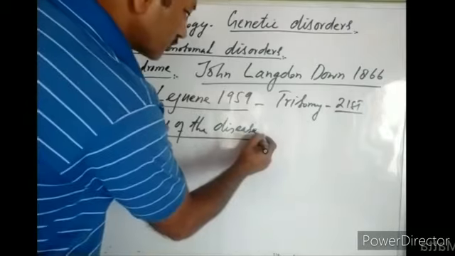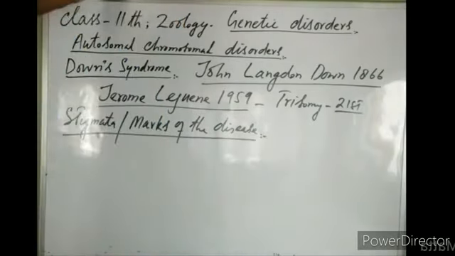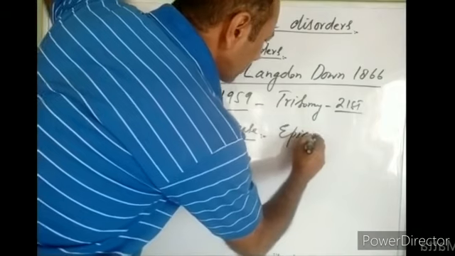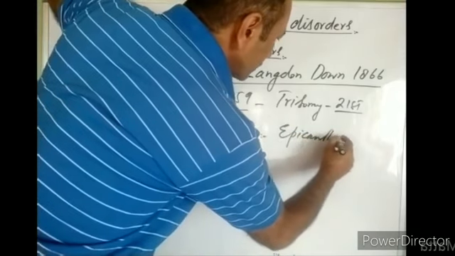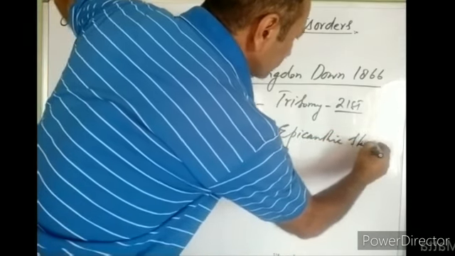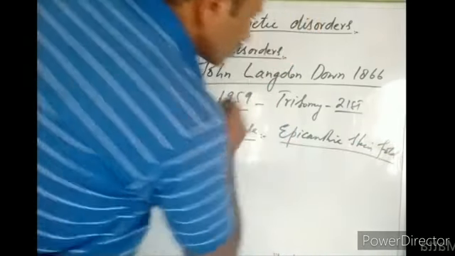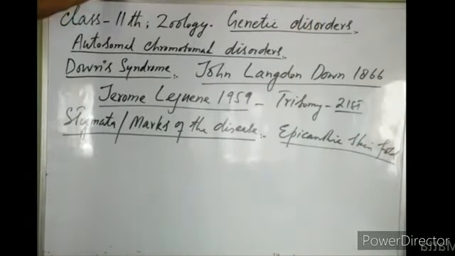These Down syndrome persons are easily recognized by the epicanthic skin fold. They have a fold of skin present over the canthus of the eye.